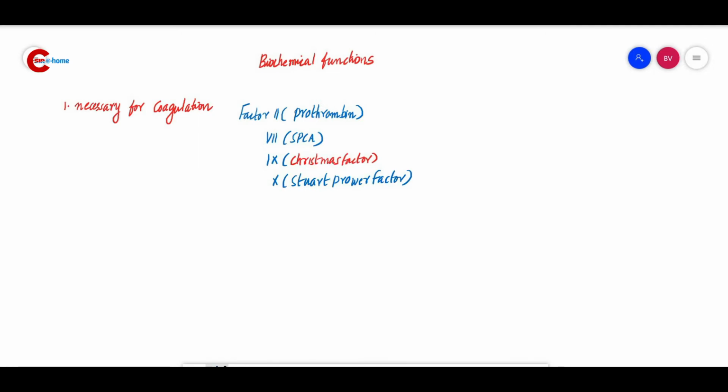For the functioning of these blood clotting factors, vitamin K is a must. These factors are synthesized by liver as inactive zymogens.